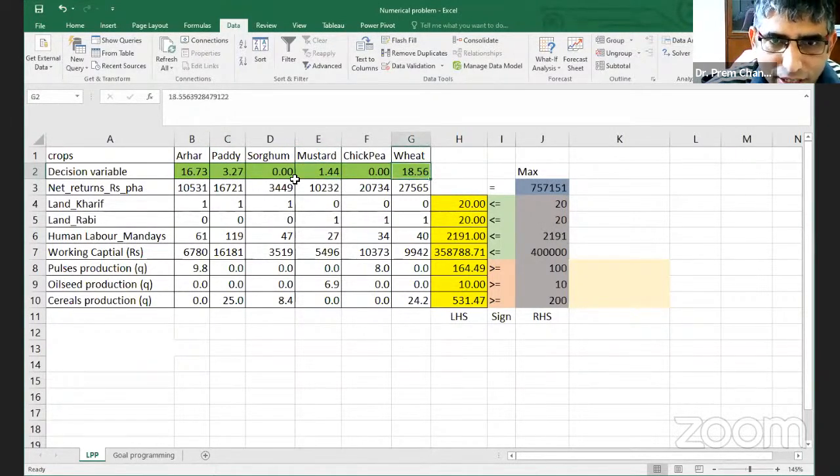In kharif also it is allocating area. The model is suggesting that you utilize the entire land and entire labor, but you have something left as working capital. In pulses production you have overachieved, oilseed is just achieved, and cereal also you have achieved.